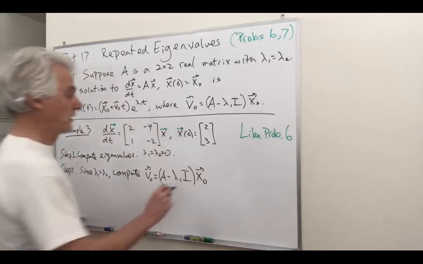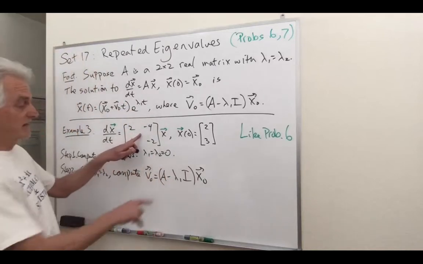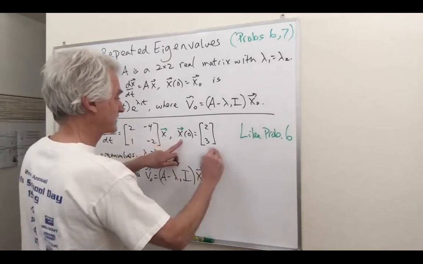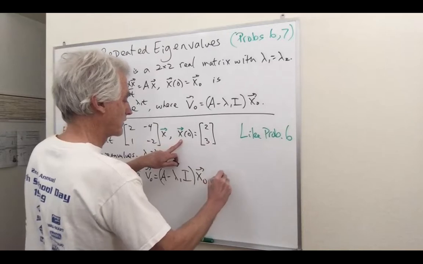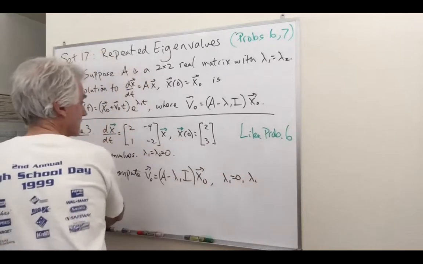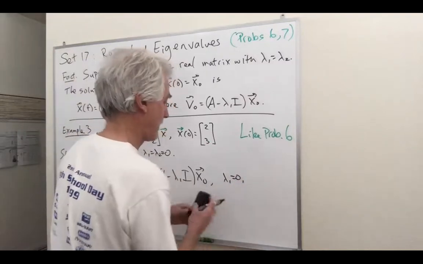Here we have the A, and lambda 1 is 0, but let's not forget that x naught is 2, 3.